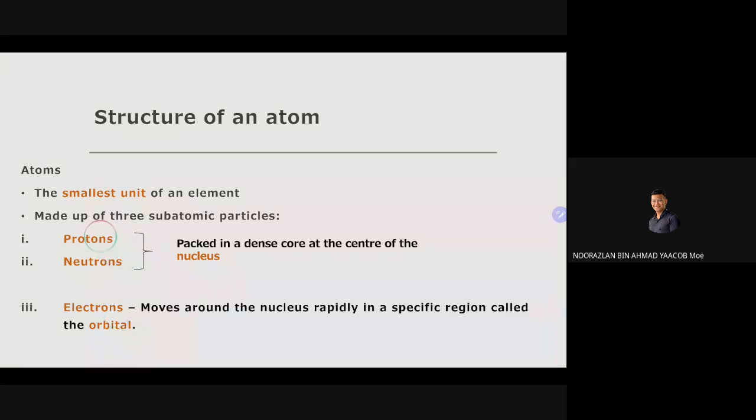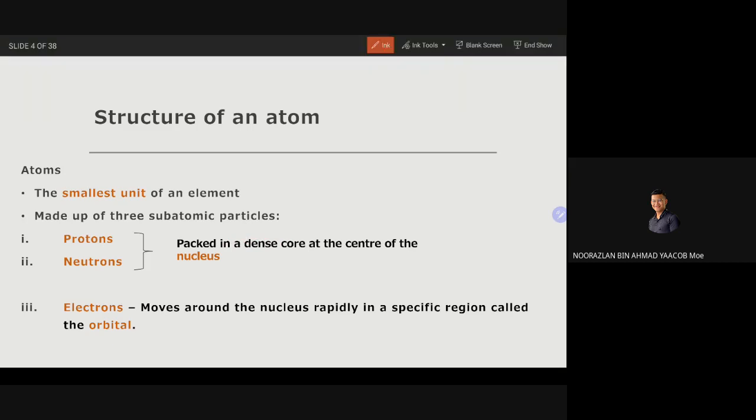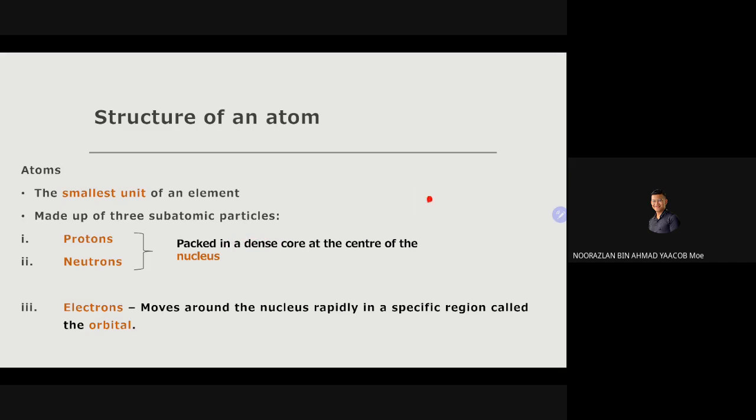Kita tahu proton dengan neutron terletak di tengah-tengah atom yang kita panggil sebagai nucleus. It is packed in dense core. So kalau kita ada atom, this would be the nucleus, and then kita ada electron situ.